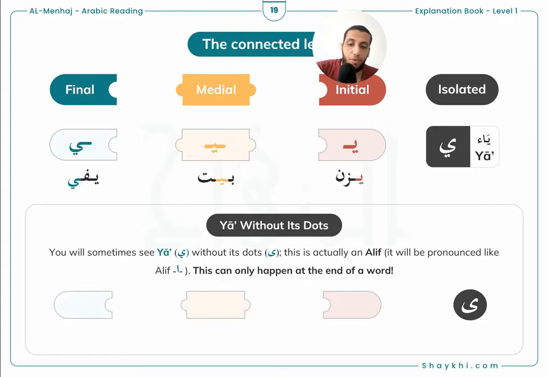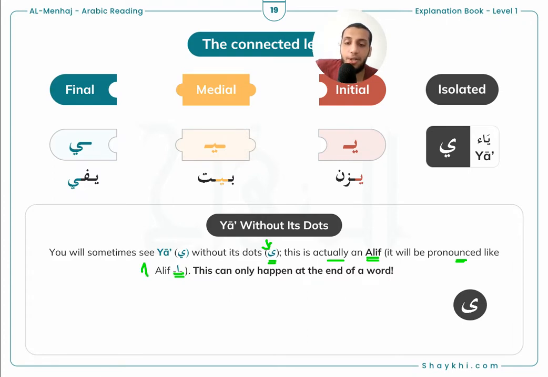You will see sometimes ya without its dots, like this shape, ya without its dots. This is actually pronounced like an alif, okay.